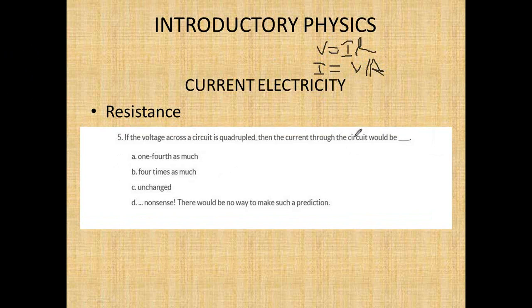So the current through the circuit will be 4 times as much as well. Remember that you can rearrange your equation and you can see how the current is going to vary with the voltage if you keep your resistance constant.